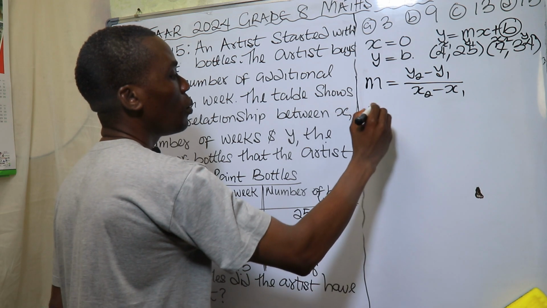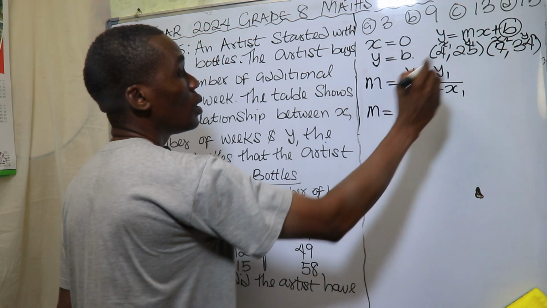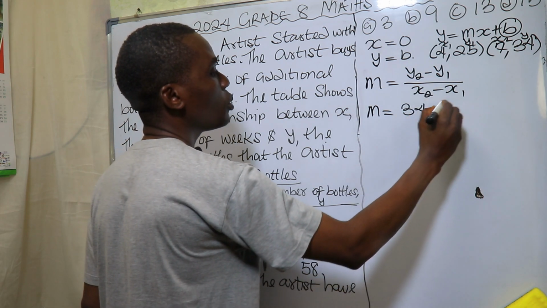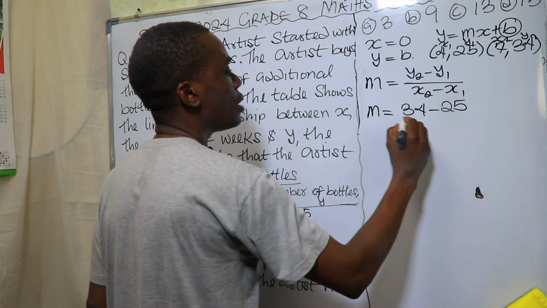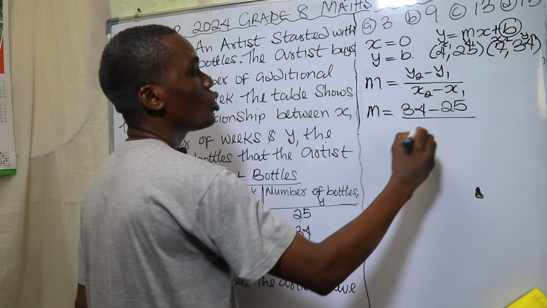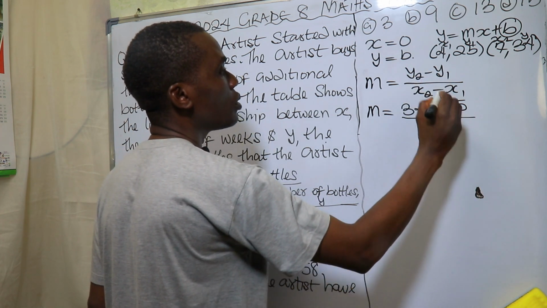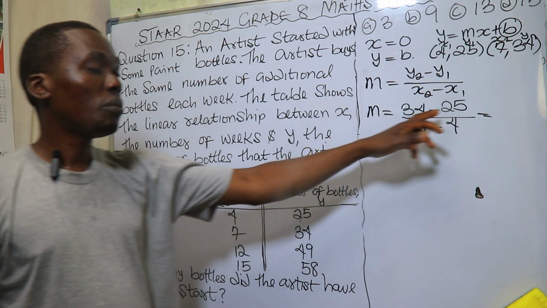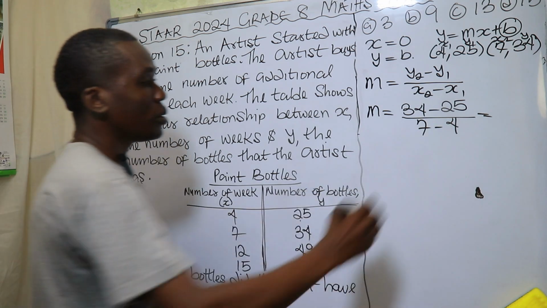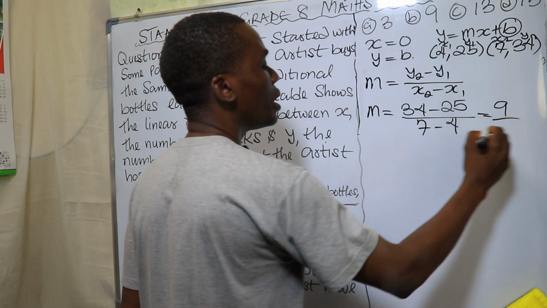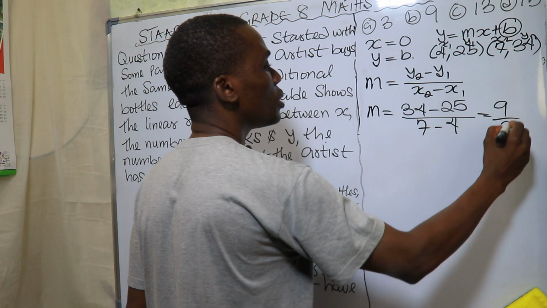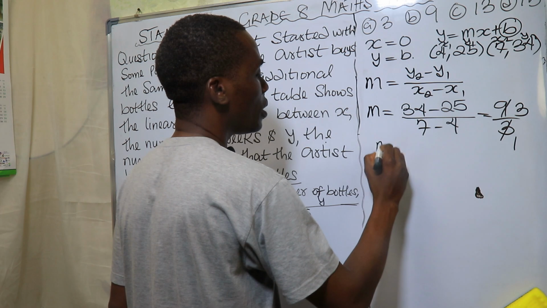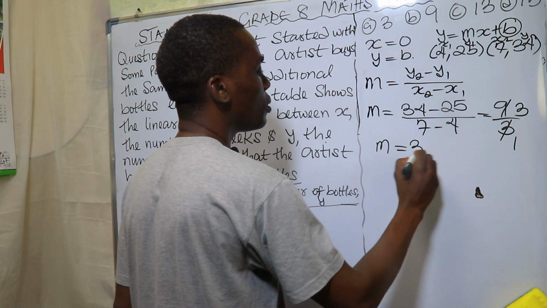So our slope will be 34 minus 25, which is 9, divided by 7 minus 4, which is 3. So 9 divided by 3 gives us 3. The value of our slope is 3.